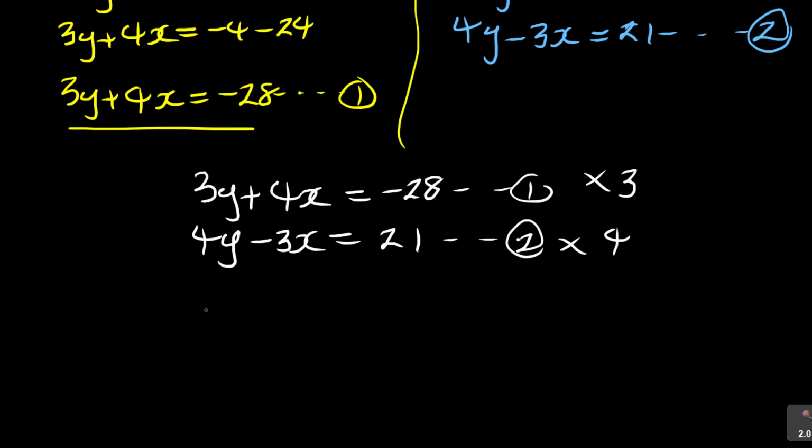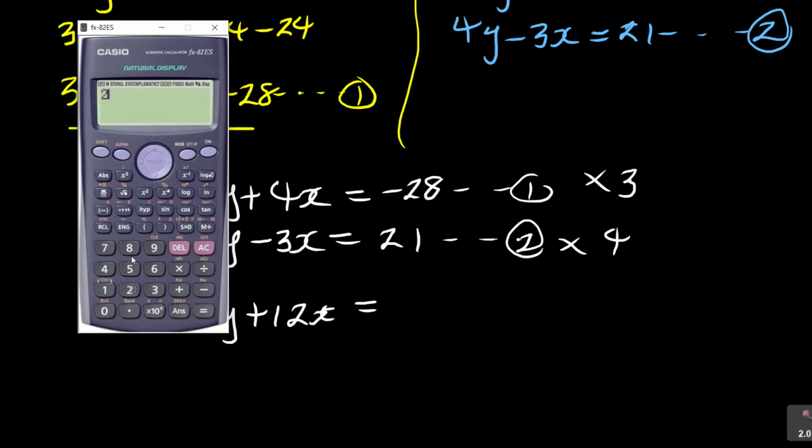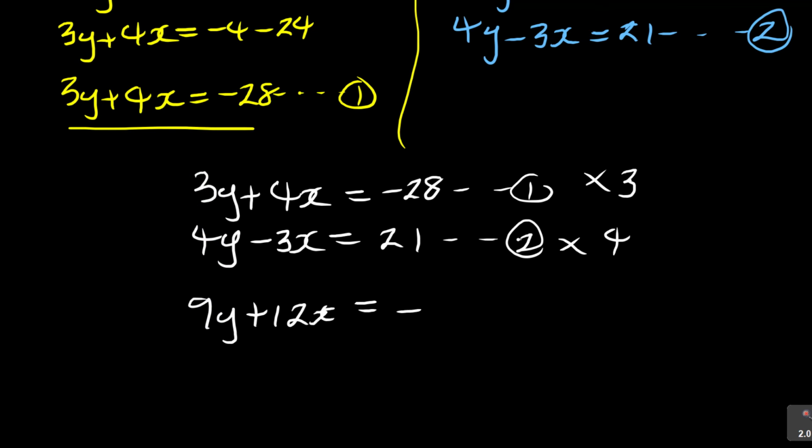So 3 times 3, you have got 9y plus 12x, remember I'm multiplying everything by 3, which is equal to 28 times 3. Don't forget the negative sign, of course: negative 84. Same thing, 4 times 4 is 16y, minus 12x is equal to 4 times 21, which is 84.